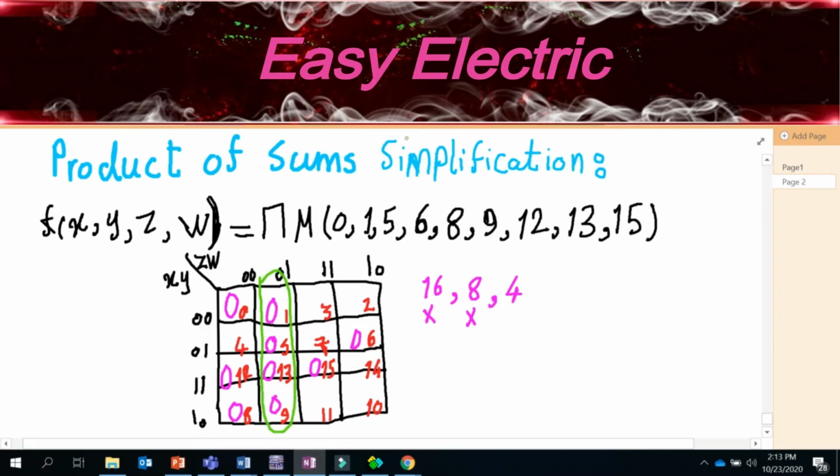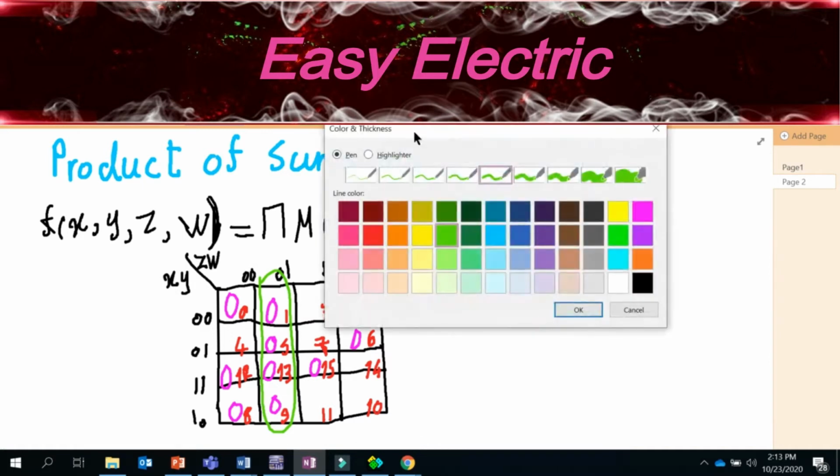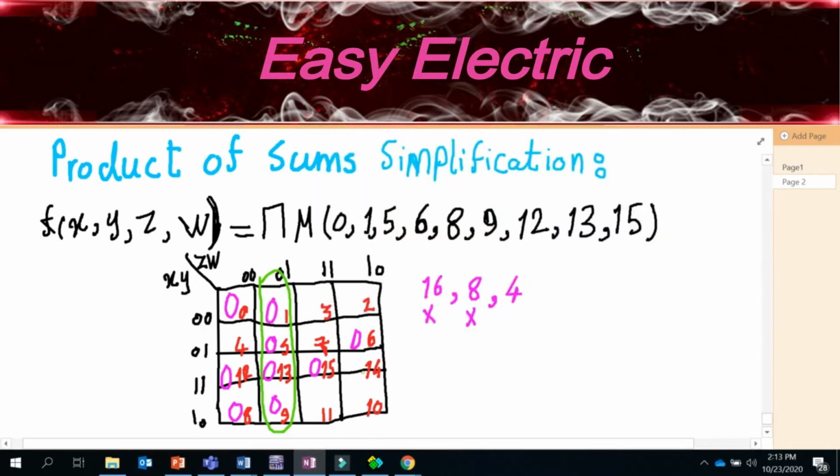4. So we could change the color and have the next one. What is the next one? Let's do the one that is obvious. We could consider these as another group with 4 members. Do we have more?